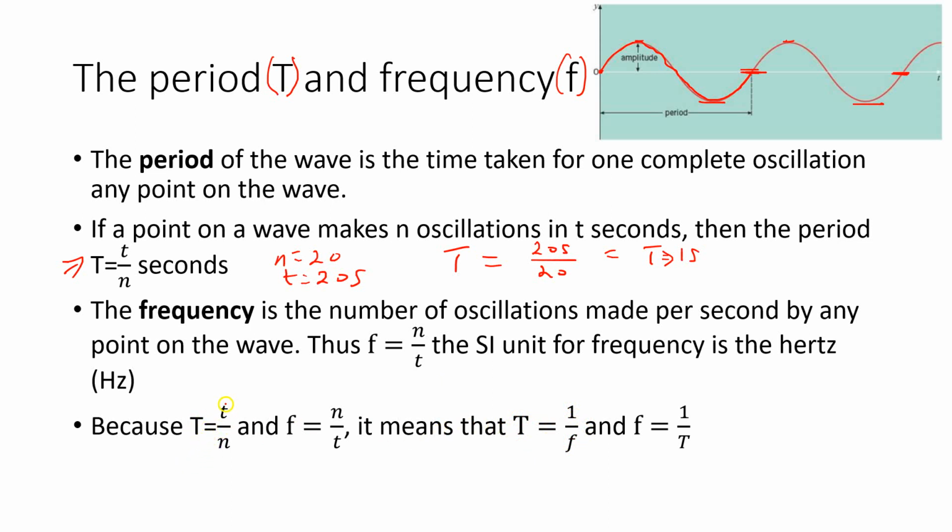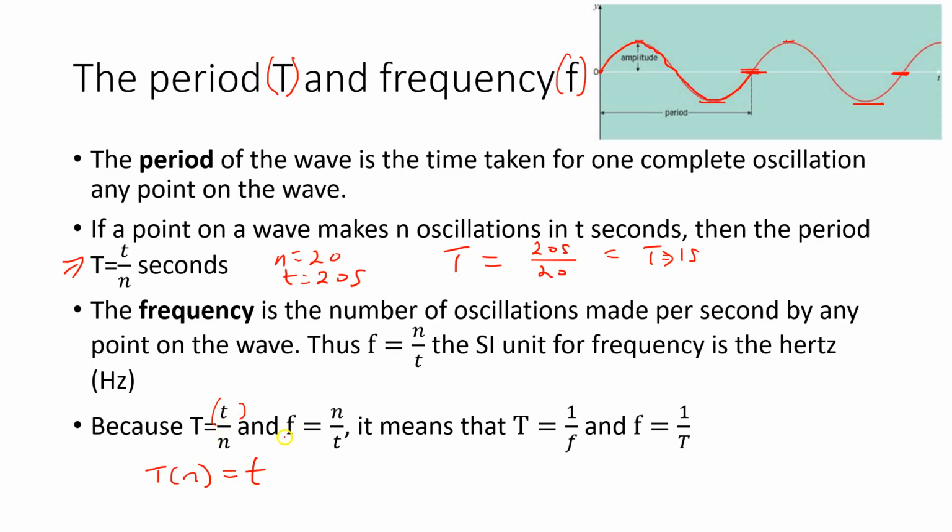The period T is equal to t divided by n, and of course, frequency is equal to n divided by t. Let's make t the subject. If t becomes the subject, then period times n is equal to t.